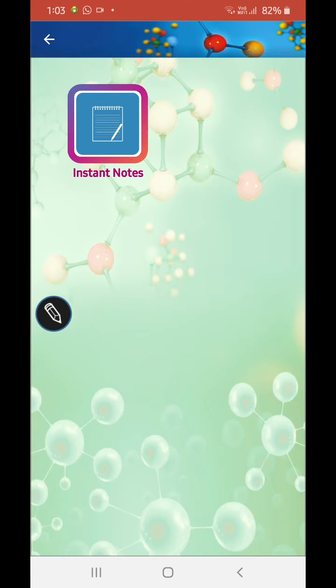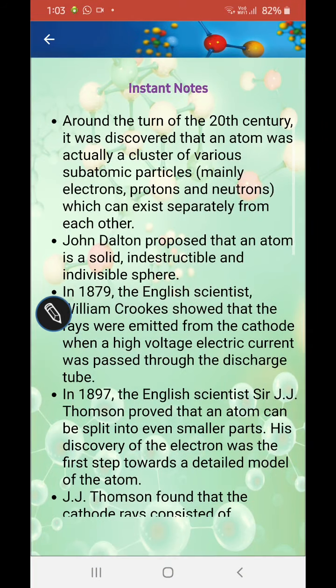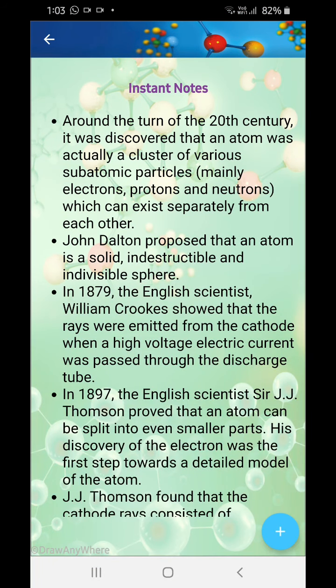Now let's go to the at-a-glance. You will now understand all the experiments and so on. Now listen to the story very carefully. Around the turn of the 20th century, it was discovered that an atom was actually a cluster of various subatomic particles. Consider 5000 BC, Democritus and Leucippus told us that atoms cannot be divided any further.